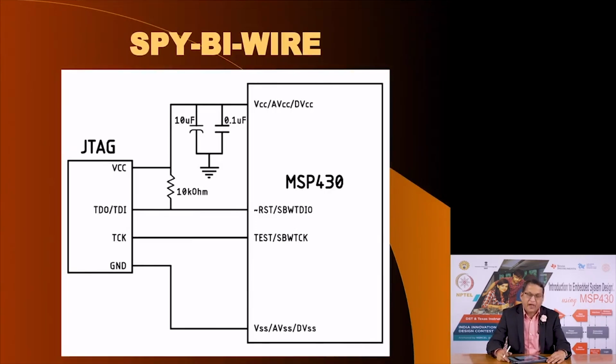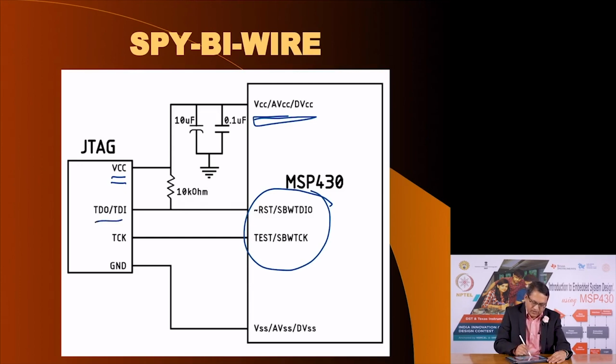This is what the Spy-Bi-Wire protocol looks like. That is, you have to connect the supply voltage here, as you see, to available voltages, and usually they may be available from the JTAG interface here. Then you have to connect the reset and test pins of your microcontroller to the relevant pins of the JTAG interface from the Spy-Bi-Wire capable output, and of course connect the ground here.